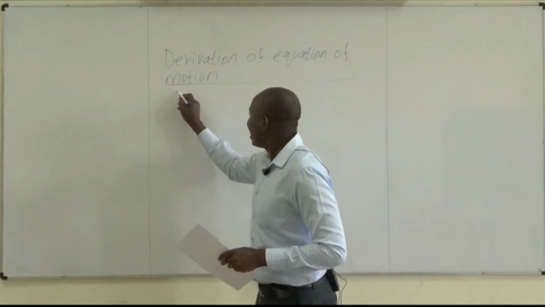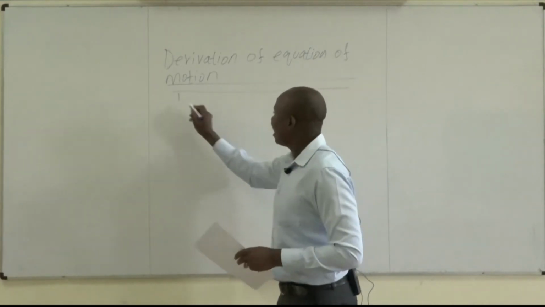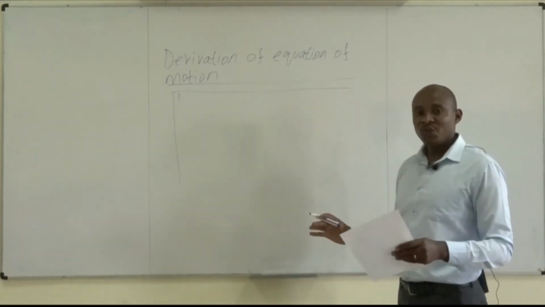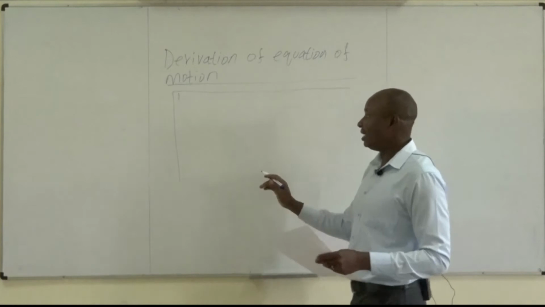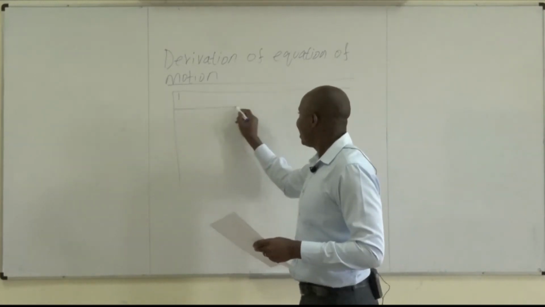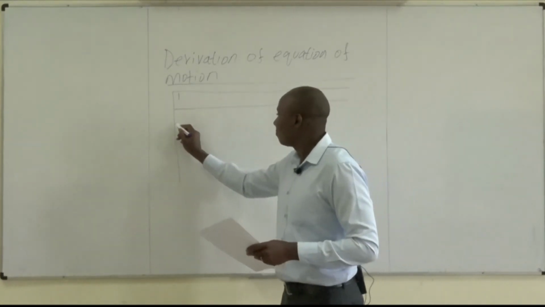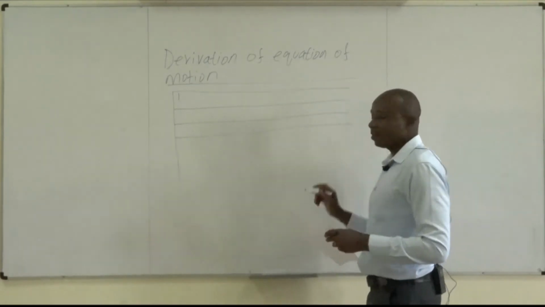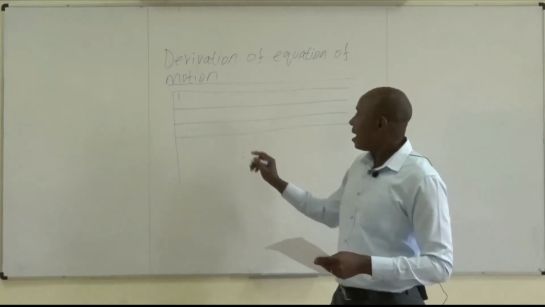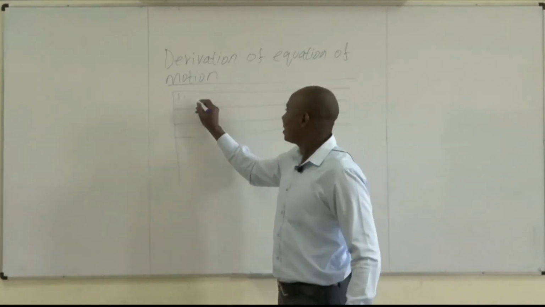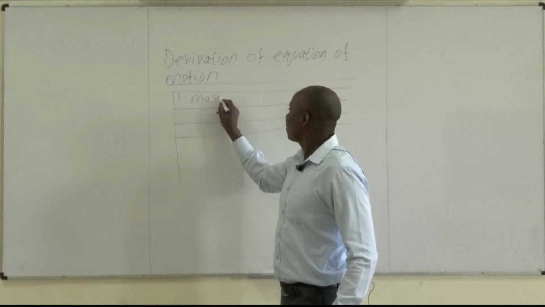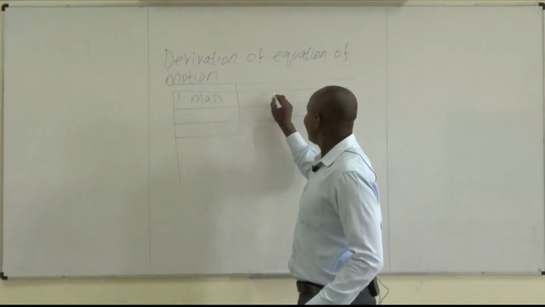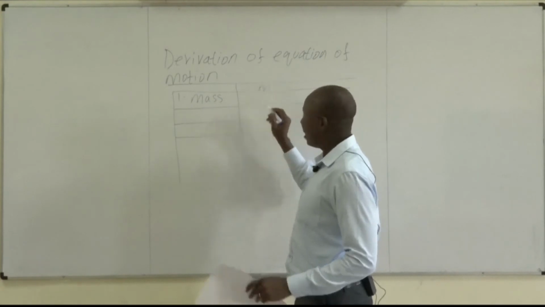So you'll have a table. You can do freehand. When you do freehand, ensure that it is still neat. So in your freehand, and we are using a table here, we are going to neatly do our table, and one we say mass will be given by the symbol m.